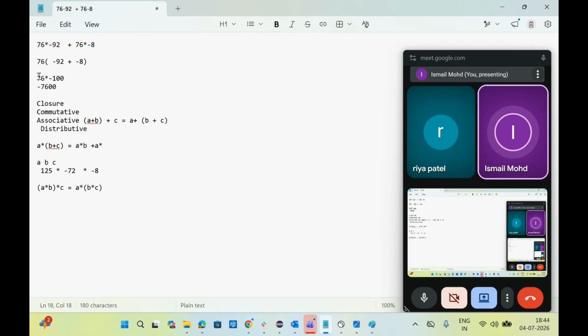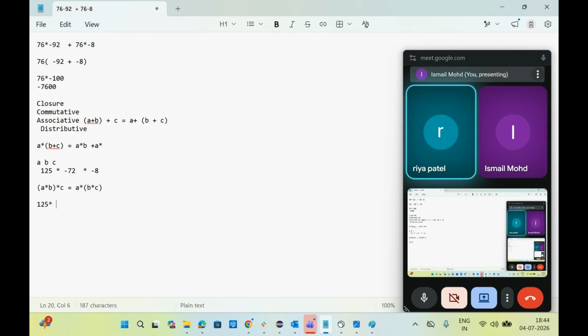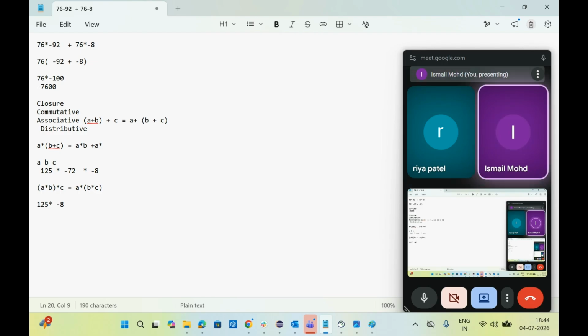Now here, 125 into 8, you can do this first, because it is all multiplication. It doesn't matter if you do these two first, or those two first. 125 into minus 8, how much? One is positive and one is negative, so the answer is negative.